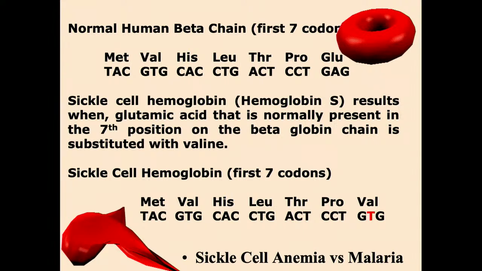But assume that the malarial parasite, which has co-evolved with many animals from birds to all mammals, has co-evolved to invade so-called normal RBCs.